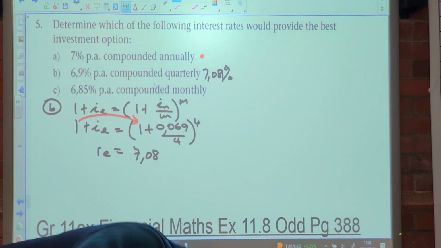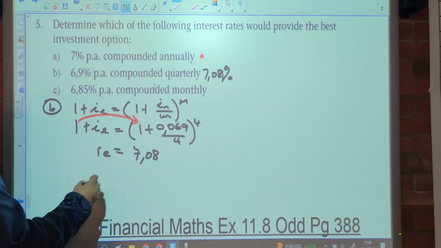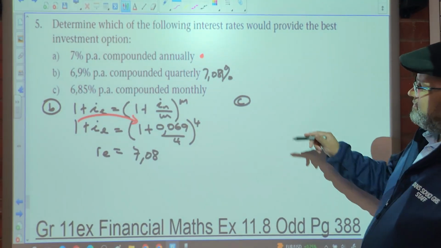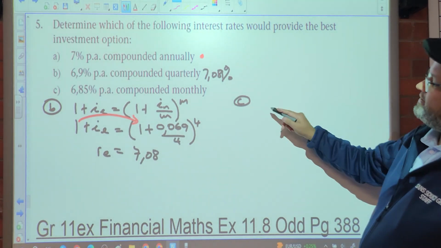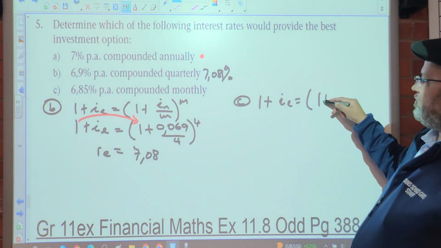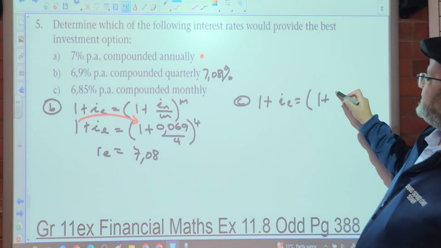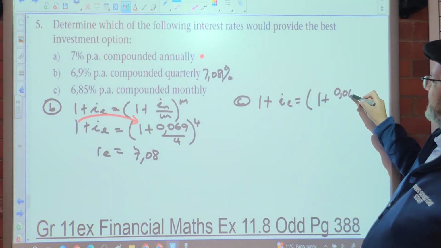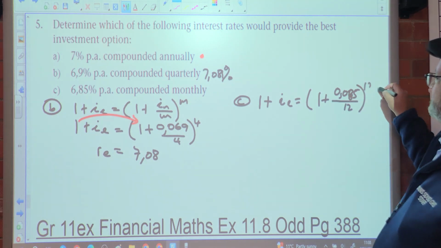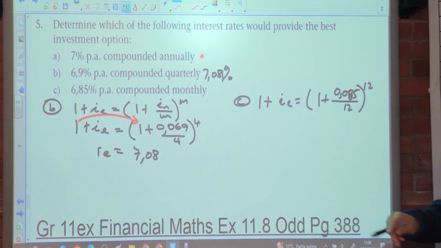C, sorry man, C, same story. I don't need to write the formula down again. So it's 1 plus i effective equals 1 plus the nominal, right, which is 0,085 over 12 to the exponent 12. Okay.